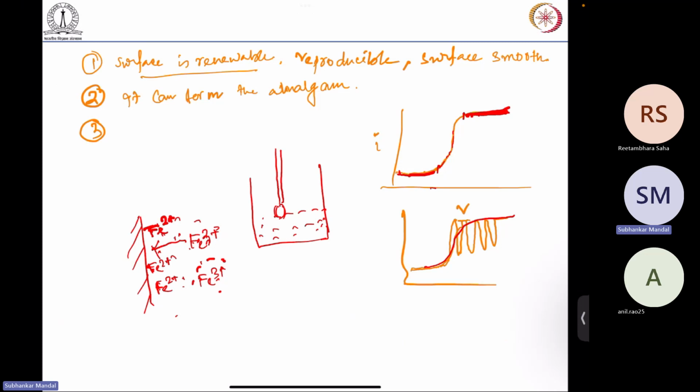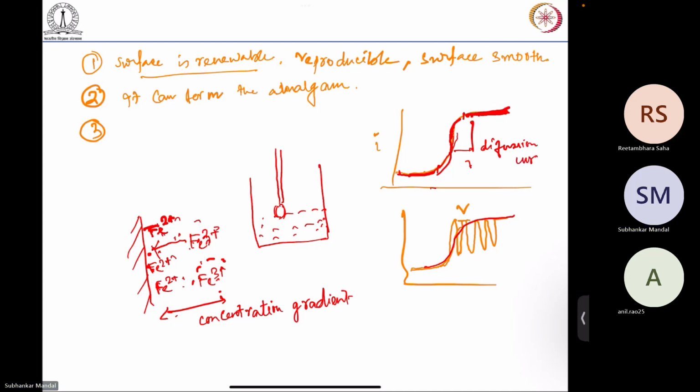So the Fe3+ concentration on the electrode surface is low. That means there is a concentration gradient. Due to the concentration gradient, your current value increases, and this current is called the diffusion current.